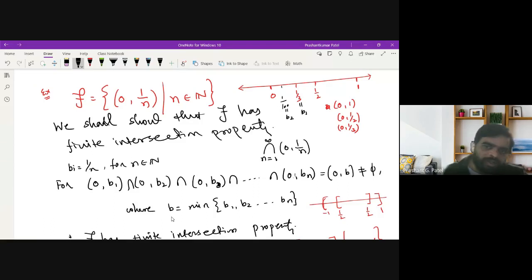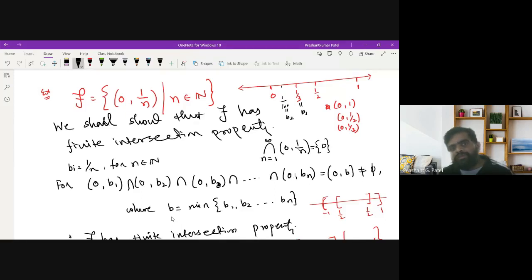What will be the intersection of all these intervals which we defined like this? Use the nested interval theorem. It is the singleton 0, which is non-empty.